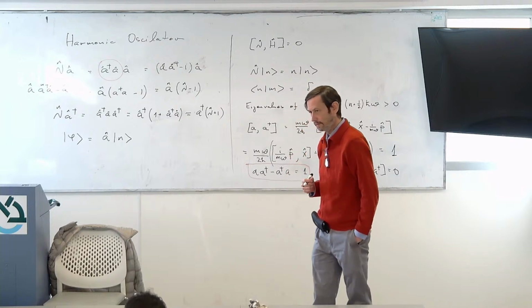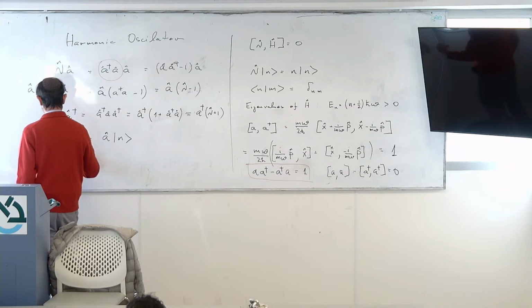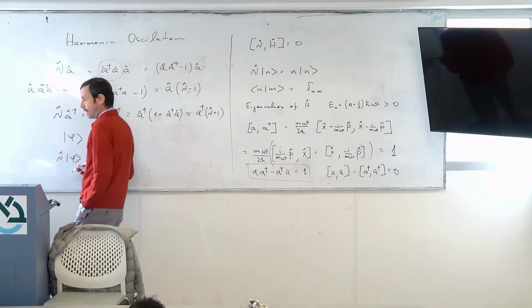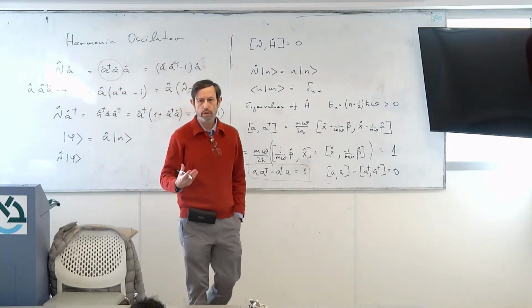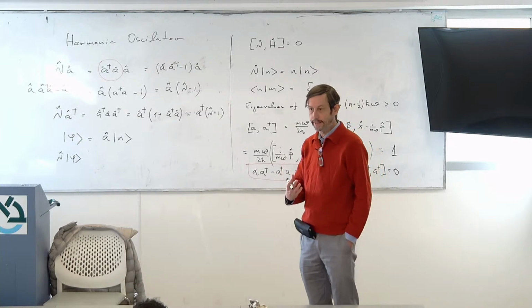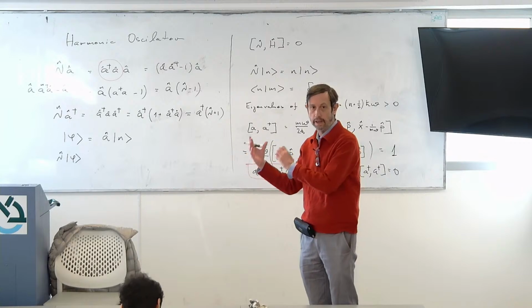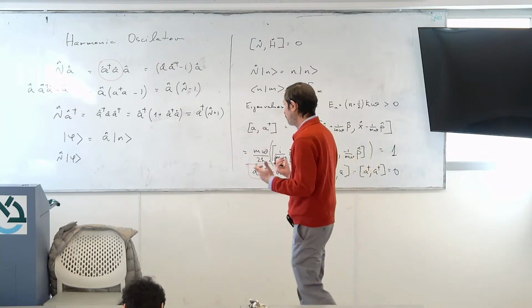Let's see. So if it's an eigenvector, I should show you that operating on it with n will give me some constant times this vector. Let's see.